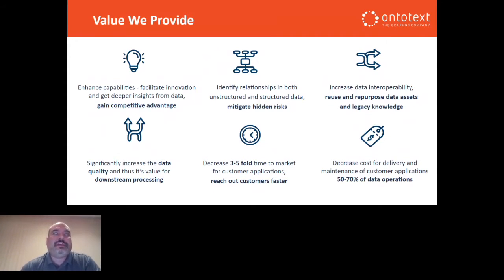The technology itself, RDF and knowledge graphs, demands high quality of data because we don't introduce unstructured content, or a higher volume of unstructured content, in the knowledge graph itself.